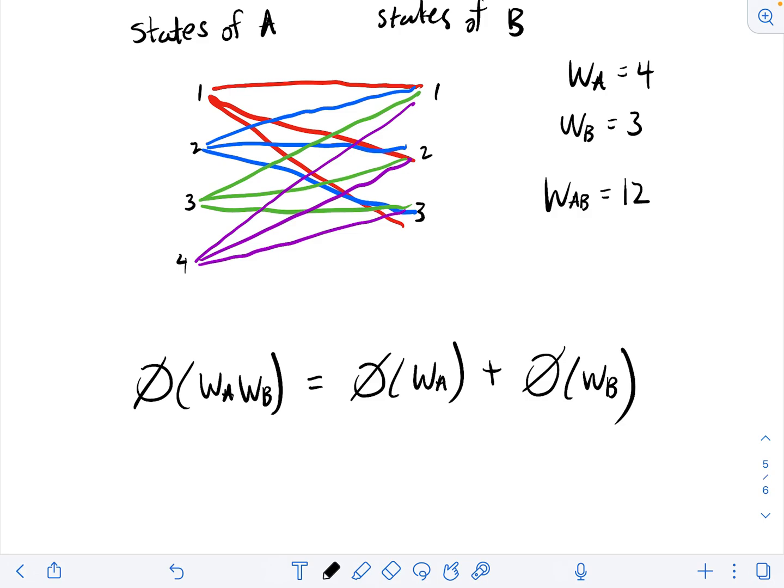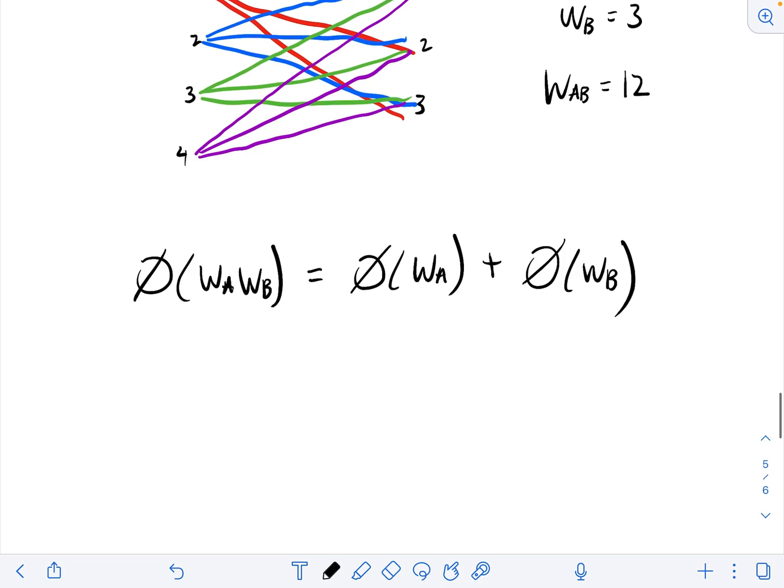And you may recognize this function. It's the ln function. And so the only solution is phi of W is some constant, which is going to turn out to be Boltzmann's constant, times the ln of W.